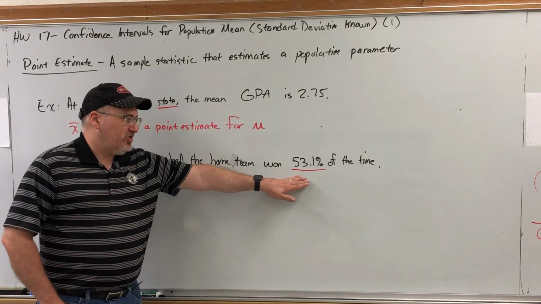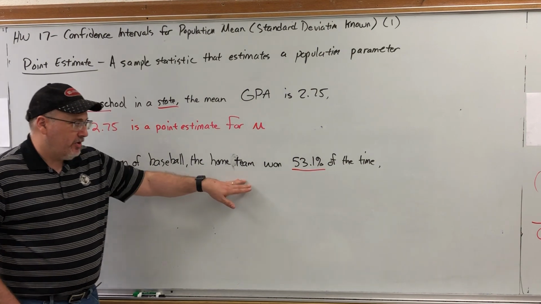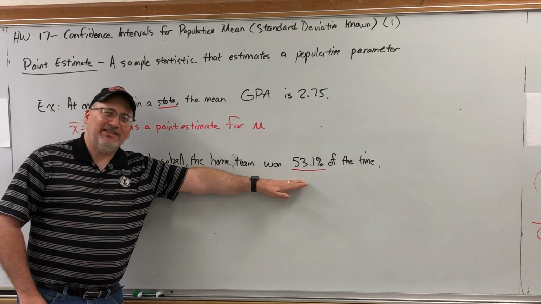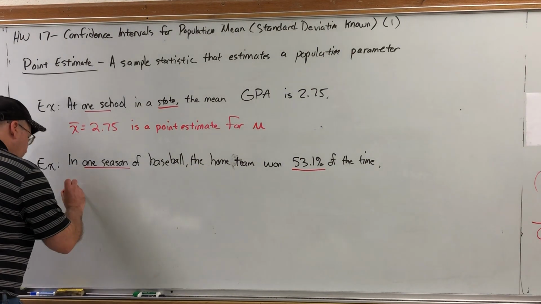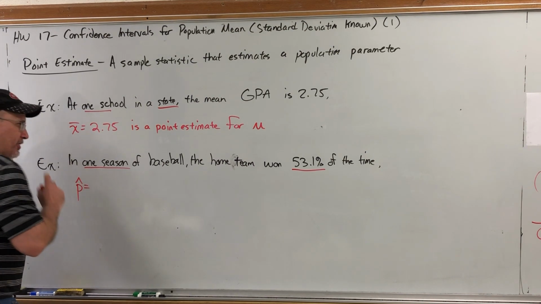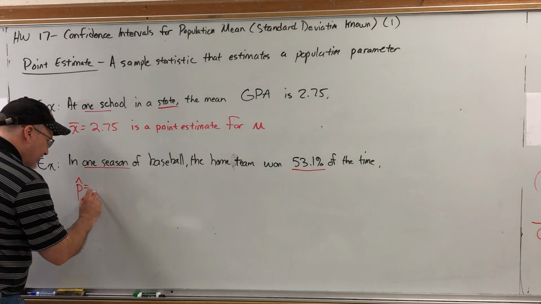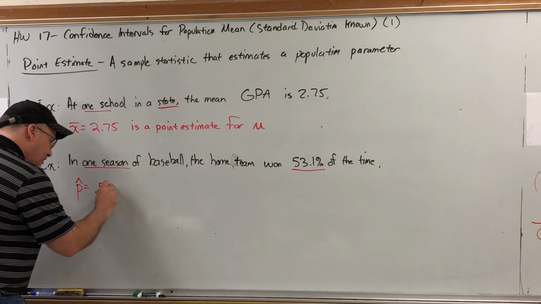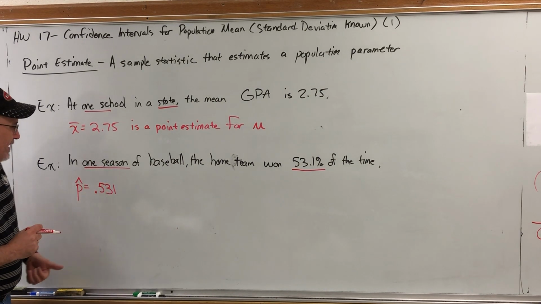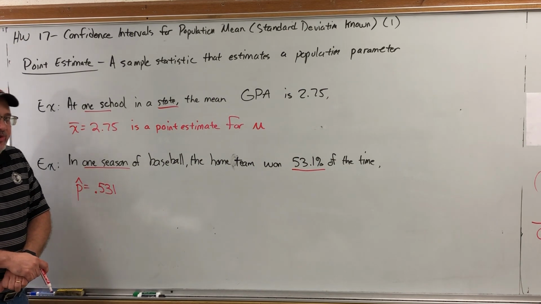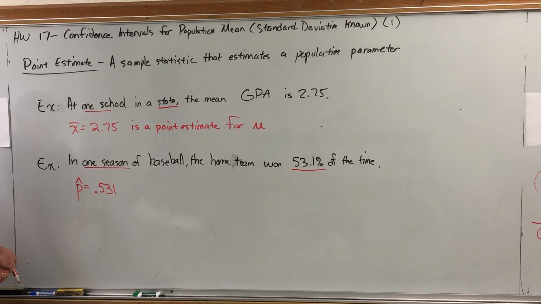Since this is the percent of the time that a sample has a characteristic, that means that this is p hat. And we'll turn it into a decimal just because I don't like writing percents equal to p hats. It's not wrong, but we normally do math with these values, and you don't do math with percents. You turn them into decimals.